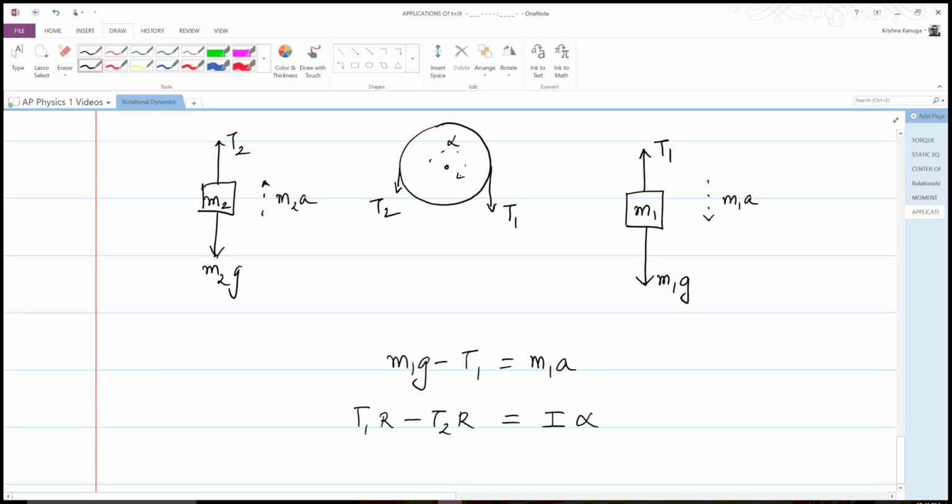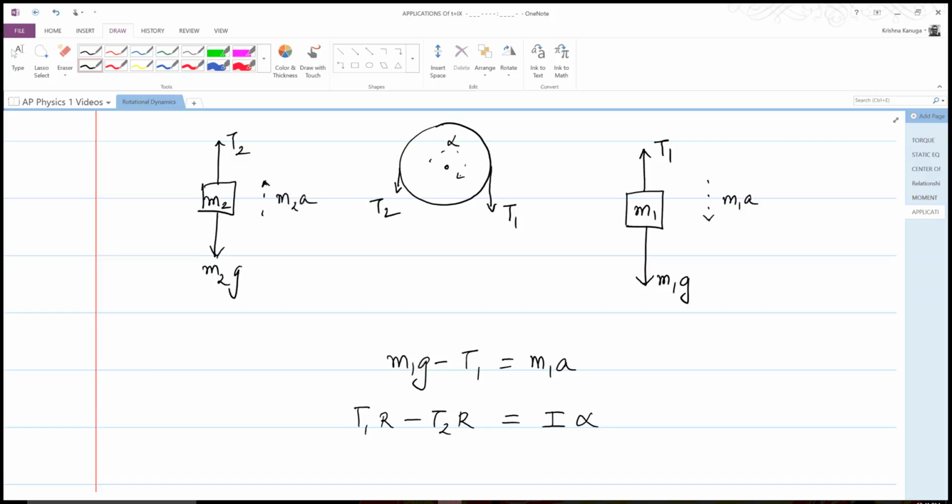Now you may argue, hey, we said earlier that counterclockwise is positive and clockwise is negative, but we're just going to ignore that in all these cases, and we'll just write the equations as the greater torque minus the smaller torque equals the resultant.